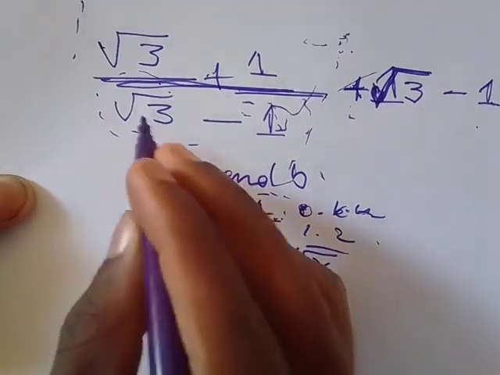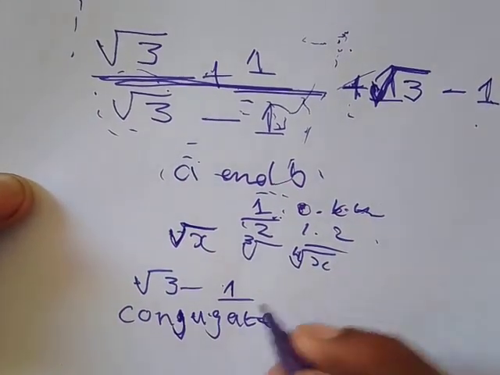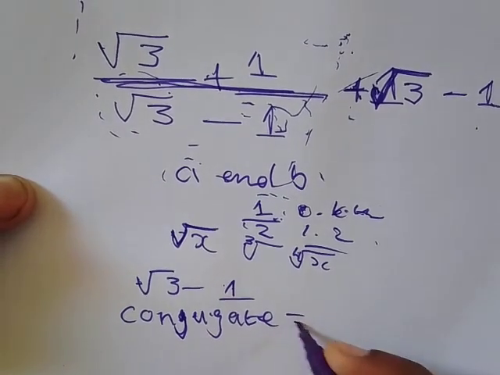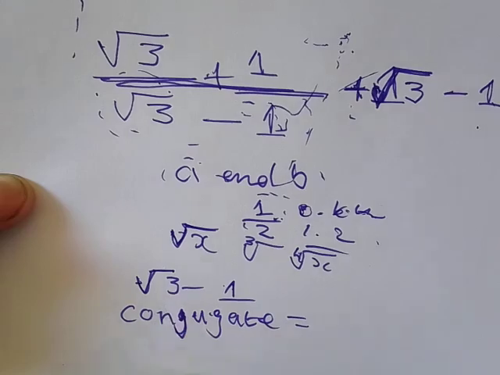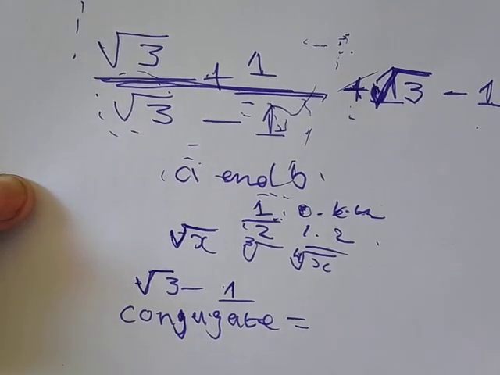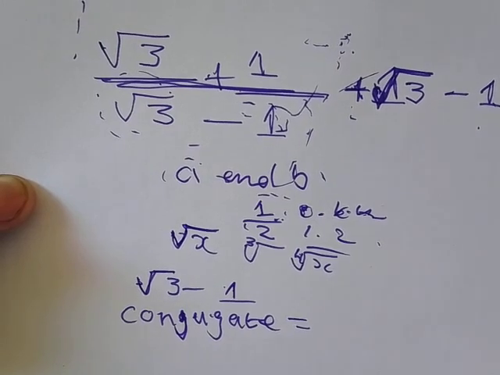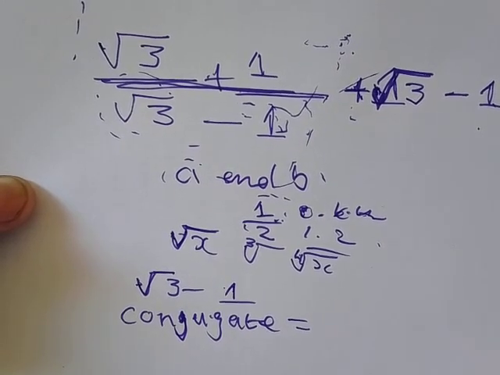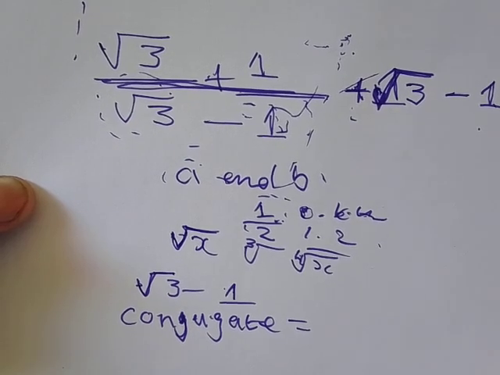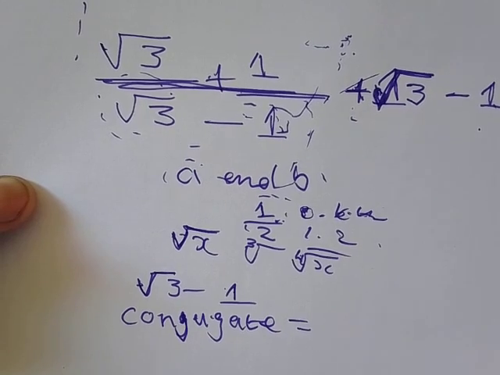So I have 3 minus 1 here. To find this conjugate, there are two ways of finding a conjugate. I'll show you the common way, which is usually taught and recommended, and the other way that is rarely used, but you just use the one that you're comfortable with.